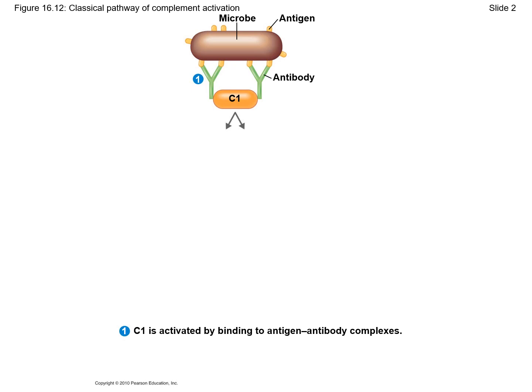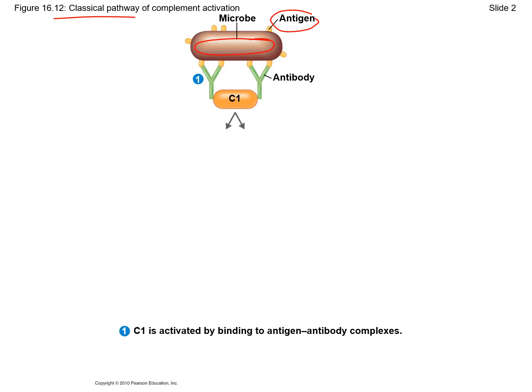Now I will go through the 3 different pathways of complement activation. The first pathway is called the classical pathway of complement activation. So in order for this to occur, you have the microbe here, and you have certain molecules on the surface of the microbe called antigens.